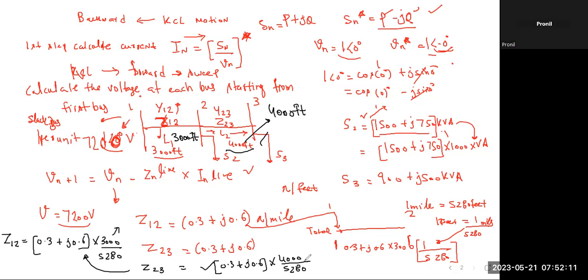Z23 is 0.2272 plus... So for Z23, that is 0.2272 plus j 0.6.